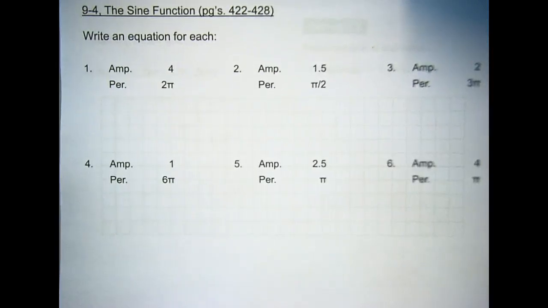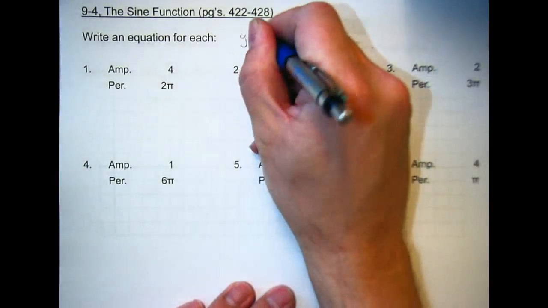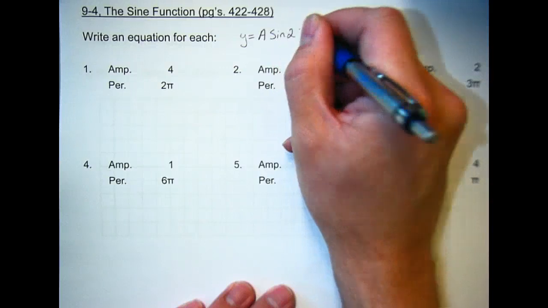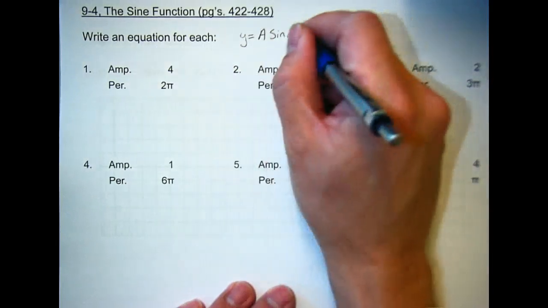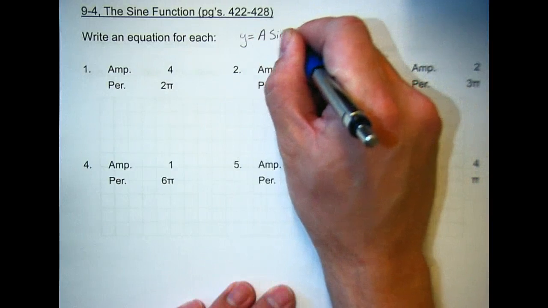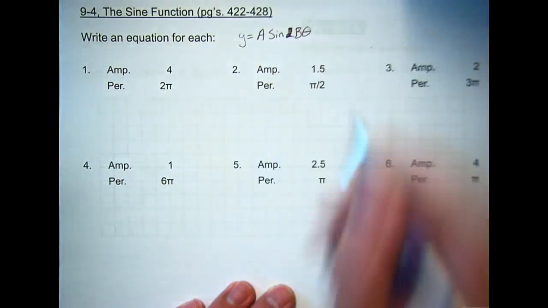Amplitude is 4. Y equals 4 sine. Those of you struggling starting, use your standard form. Oops, I just messed up on my standard form. That should be B. 2 pi over 2 is 1.